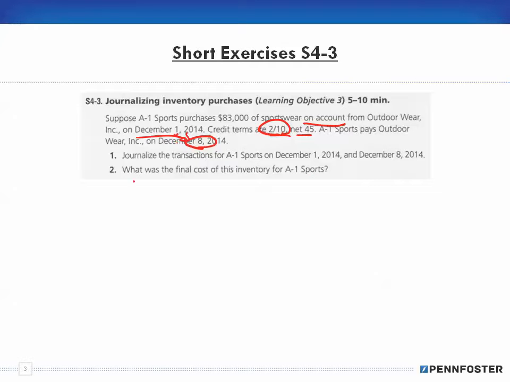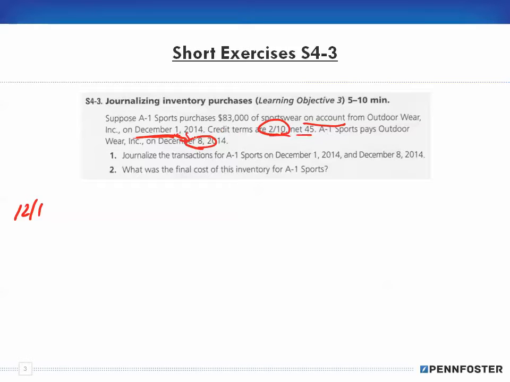Okay, so on the journal entry, the date is 12/1, and we're purchasing 83,000 of sportswear on account. So this is the entry on December 1st. When making a journal entry, I ask myself, am I affecting cash? The answer is no, because I'm not paying the 83,000.